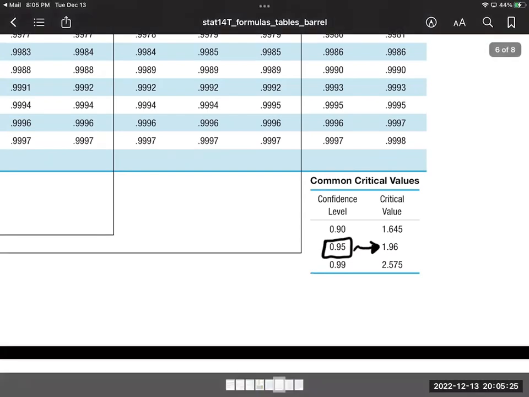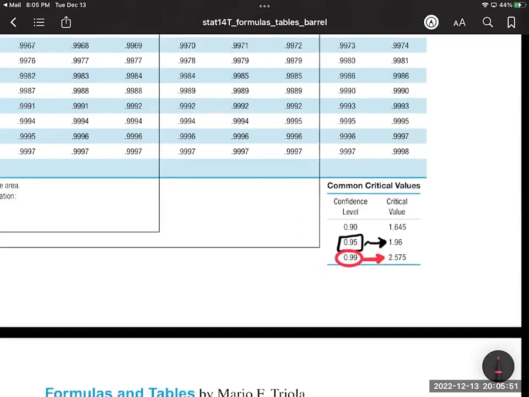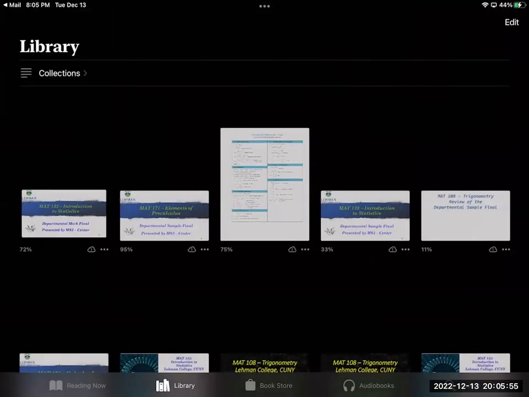If a confidence level is given to you, like 0.99, then it tells you what the critical value is. That value that I drew the arrow to, 2.575, is going to be our critical value, the Z alpha over 2. Sounds good? This is why problem 7 requires the Z table, and that's the only thing you need from it.